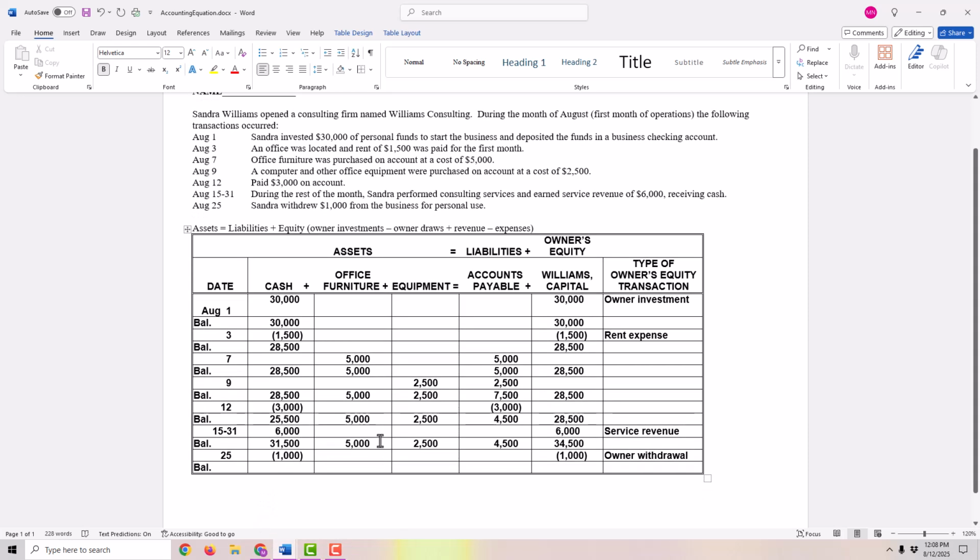And then I would want to calculate the new balances. So for cash, I would take 31,500 minus 1,000 and I get 30,500. Office furniture hasn't changed, equipment hasn't changed, and accounts payable hasn't changed.